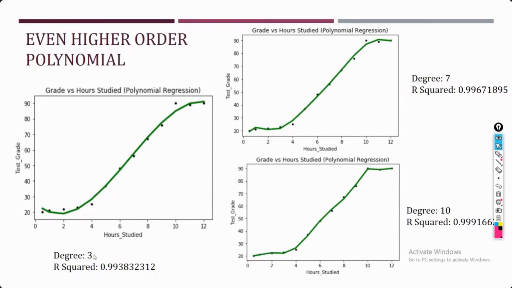The fitting of the model with respect to each feature, each instance, is also increased. Like here you can see, here you have left out one of the instances, and here as well, but in this case it is able to cover that instance. So our r square has increased, and here it is able to cover most of the instances, so r square has further increased.